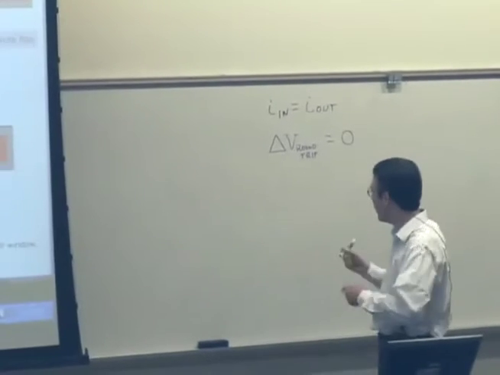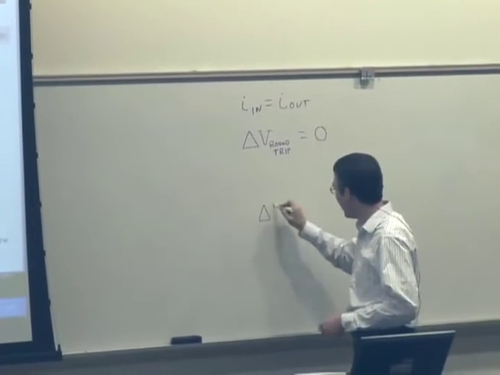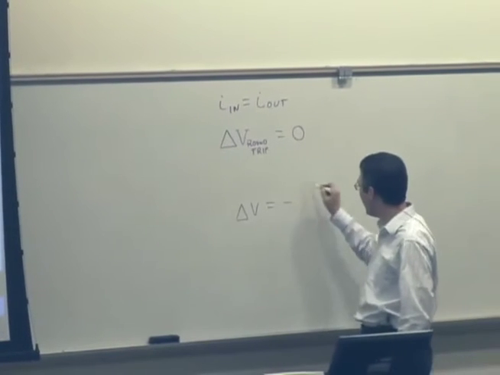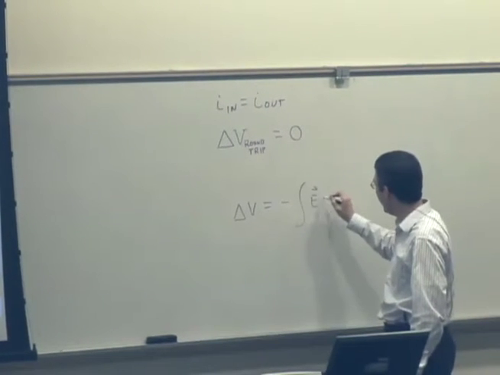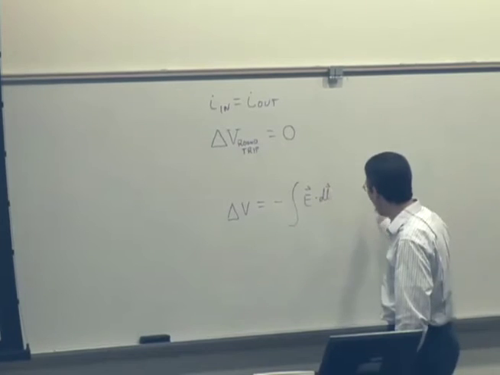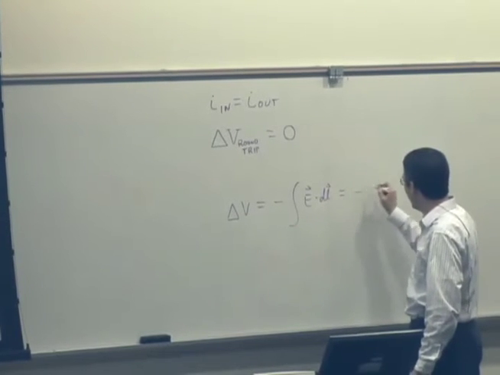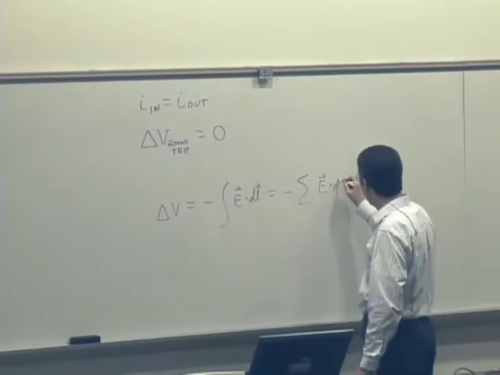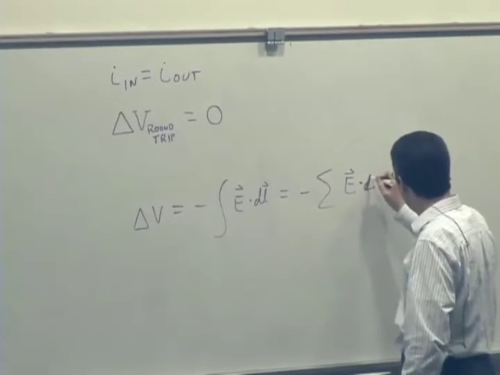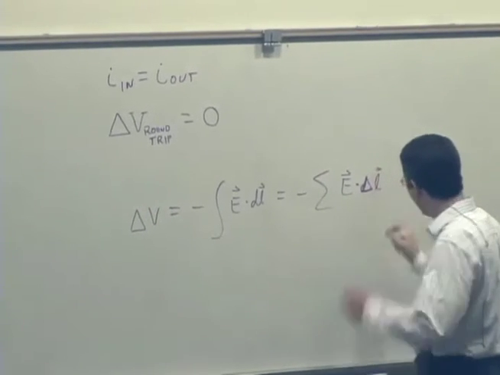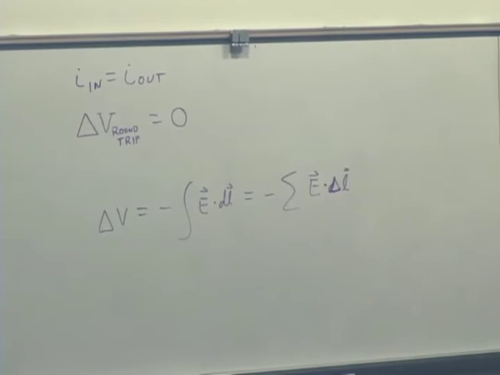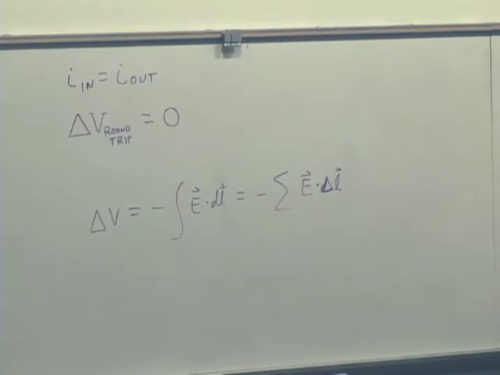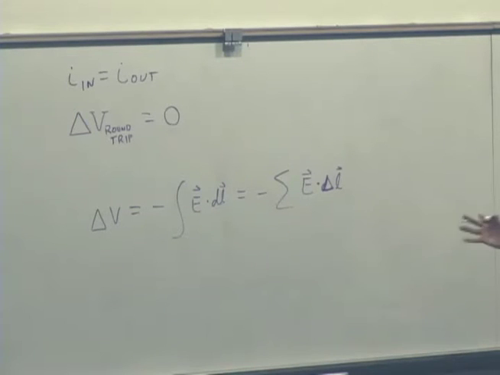Because remember that the most general definition is the negative integral of E dot delta L, or you can think of that as a summation of the dot product of the electric field with the path over discrete increments, and you're just adding them all up if you're thinking about uniform fields over a short distance.